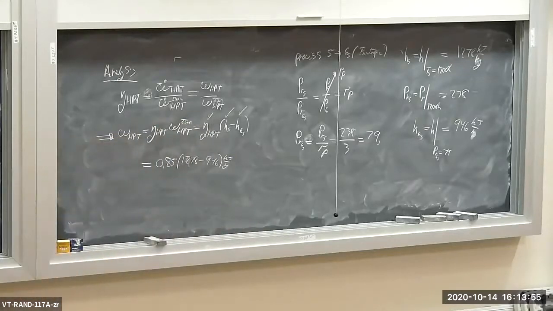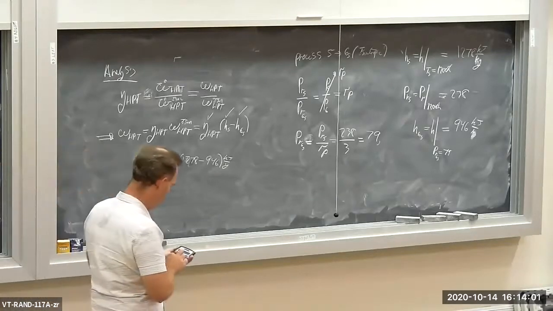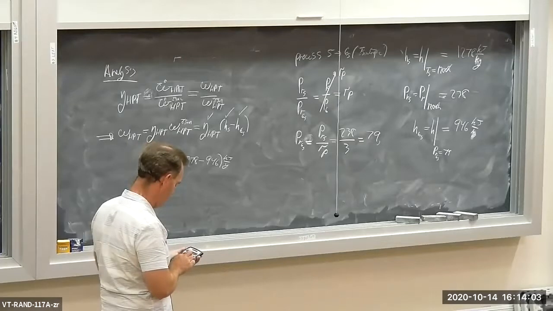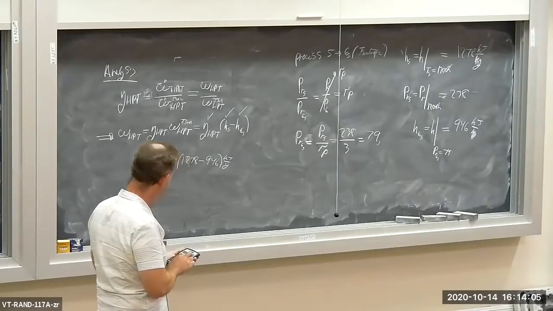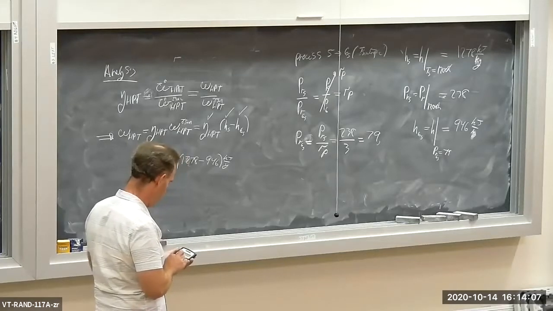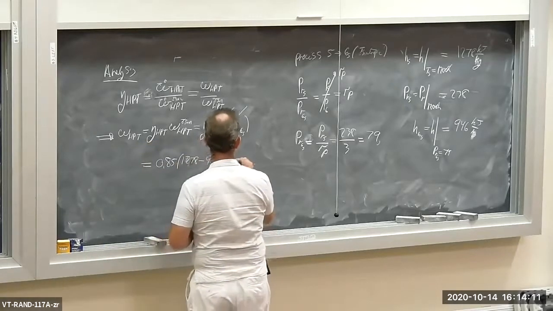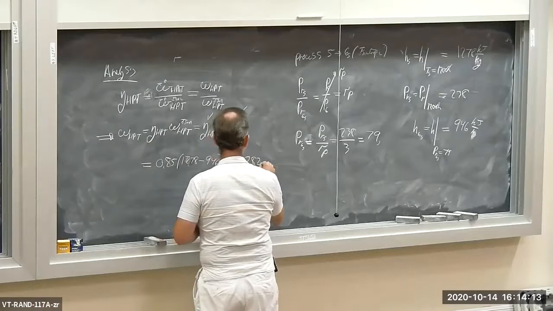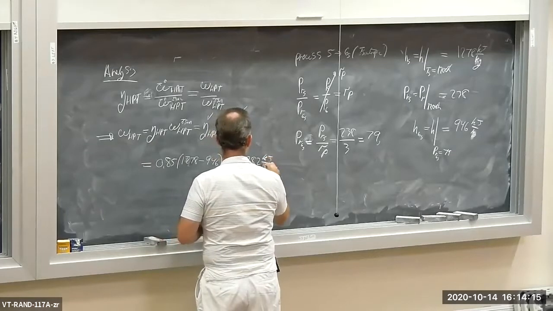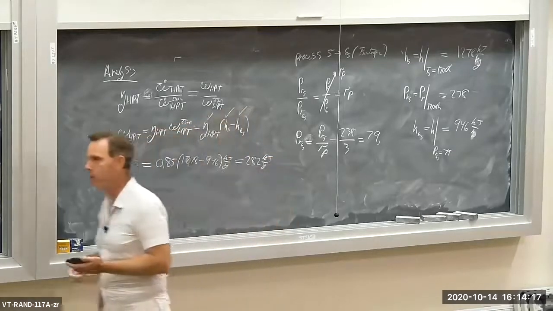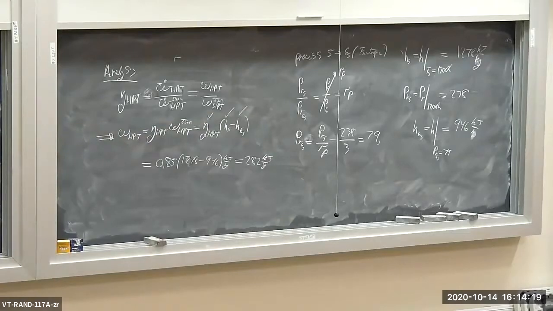Let's see what I get. 282 kilojoules per kilogram. So that's the specific work for the high pressure turbine. Let's write that in our results.